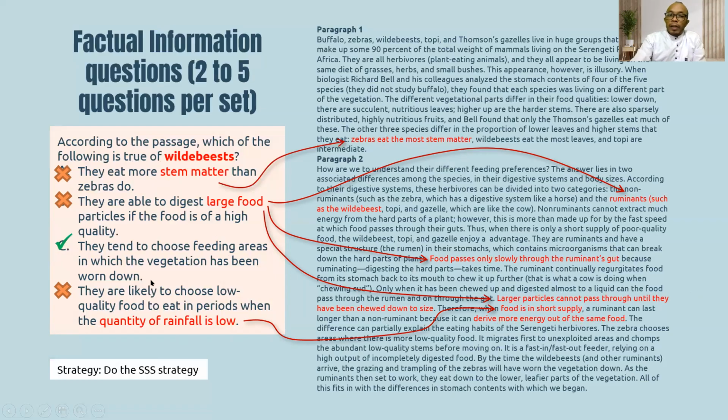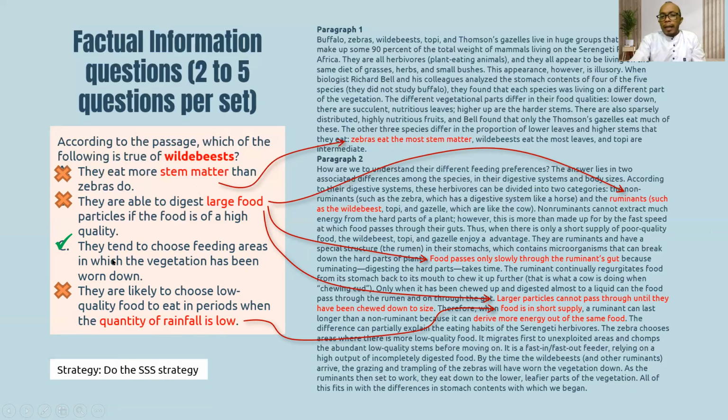And if you would like to analyze also why option C is the answer, it's because if you read the passage, you'll find out that they cannot chew large food, and they eat the same food.